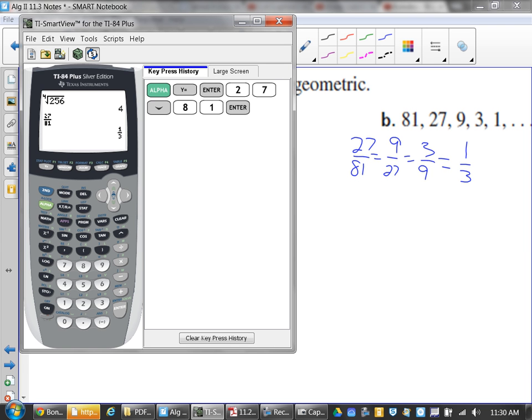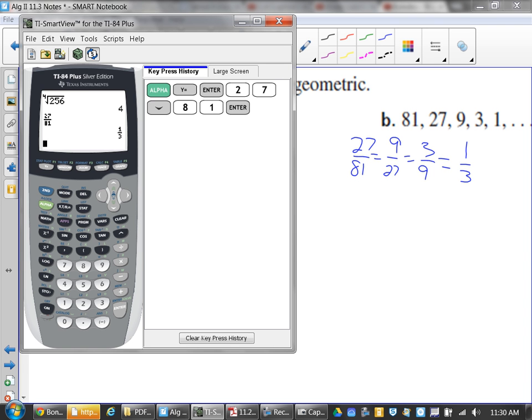So the second number always goes on top? Why is that? Why the second number? Because if you start with the first number, where do you go? 81 divided by 27 is 3. Is that the same thing as multiplying by 1/3? Yes. By taking the second number first, I'm alleviating the mistake of saying I'm dividing by 3; if I write it this way, I'm going to get a fraction.